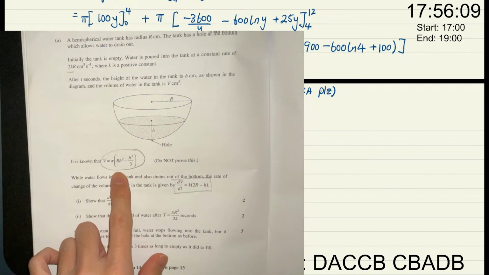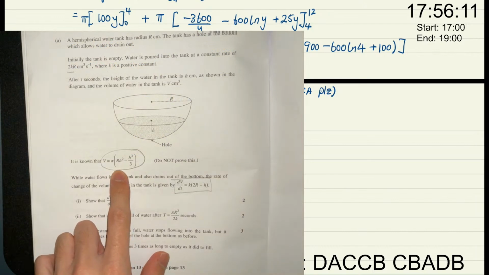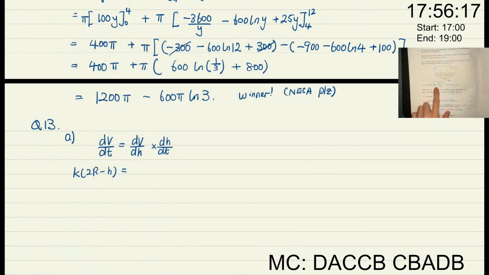I wonder if we can just use this to differentiate it, because I think we can. We were never asked to do a volume of rotation and manually find that volume itself. That volume there is just the volume of the water, not the volume of the hemisphere. So we can just quickly use that and differentiate it and get on with life. So yeah, no, we're laughing. This is not the worst kind of question.